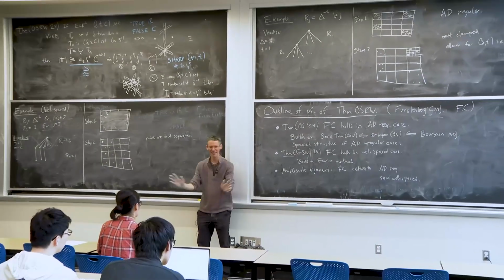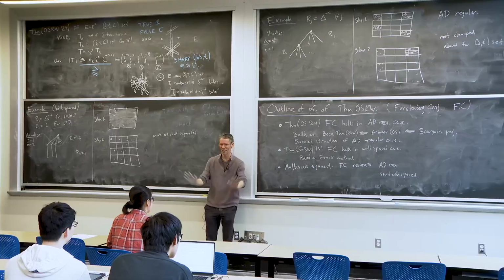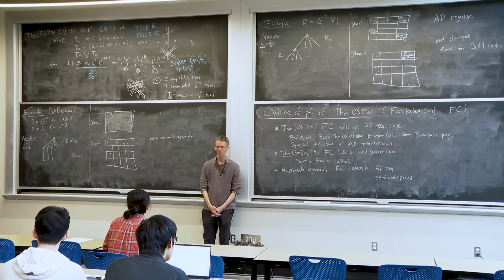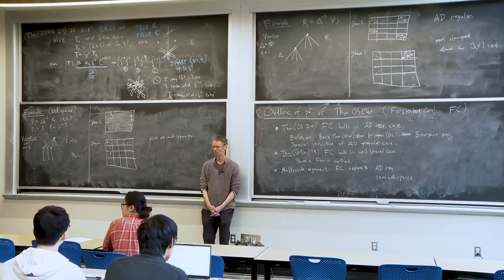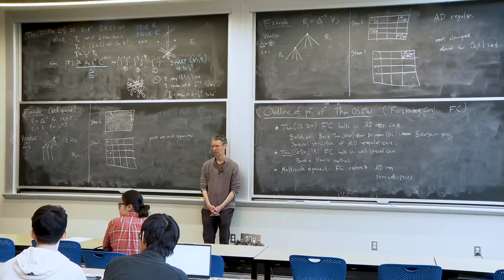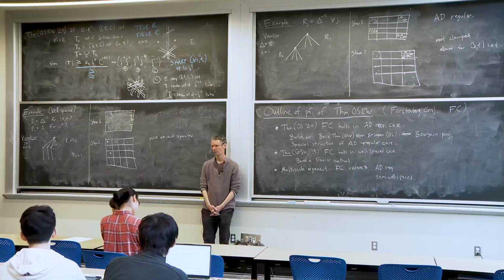OK, good. Any last questions or comments? Within each of these individual cases, how much variation is there in the structure of the sets? I guess it's not just rearranging the points within one of the boxes.